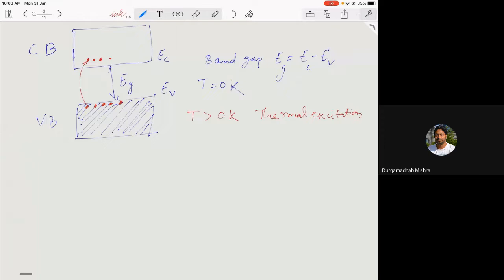So in this thermal generation or thermal excitation process, if you excite an electron, you also have creation of holes in the valence band.